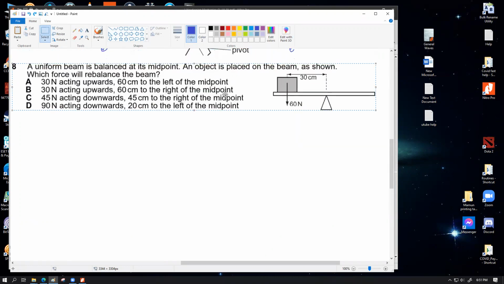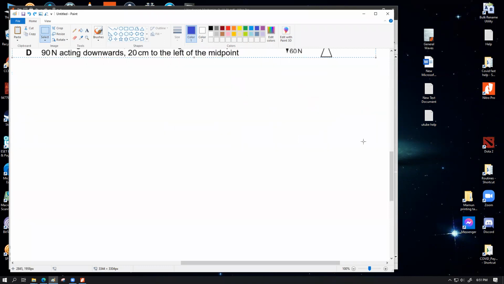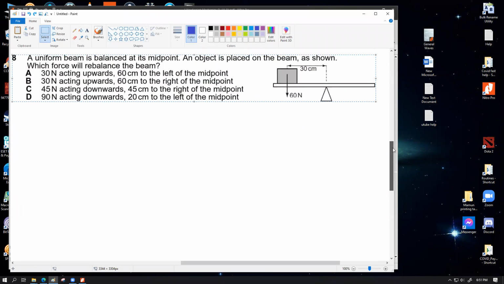Nothing very complicated. The existing moment for this question is anti-clockwise. So to have it balancing, I need clockwise force. Clockwise force can be achieved by applying a downward force on the right or by applying an upward force on the left. So either of these two options can be correct.